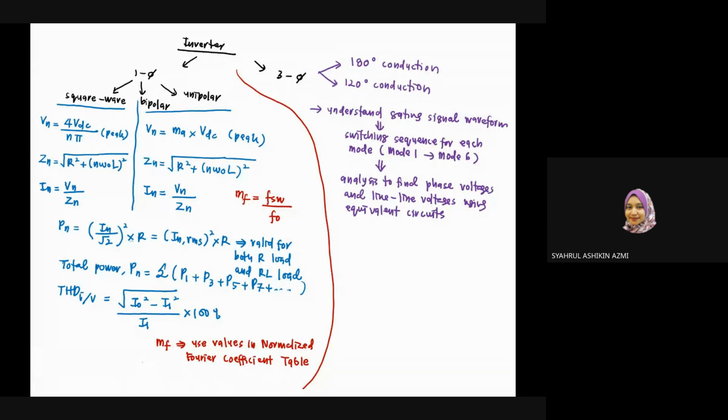Once you do this for all modes, mode 1 to mode 6, and get all the levels, you can sketch the waveform, whether it's phase voltage only or line voltage only, it depends. Okay, so for 120 normally we go for balanced load.